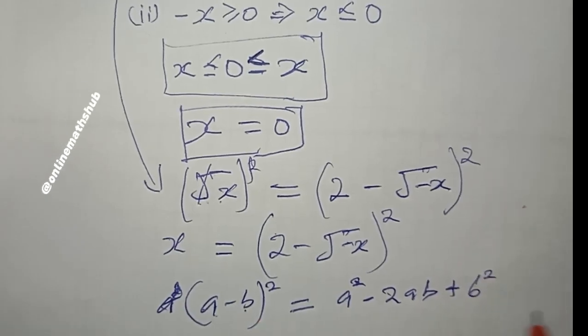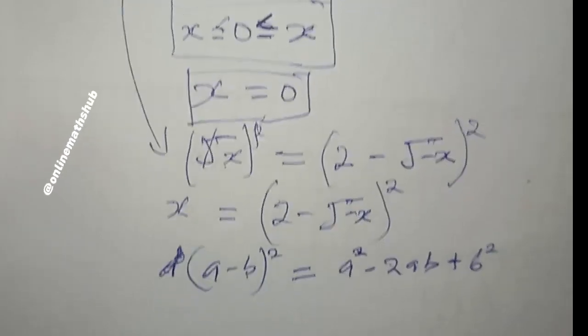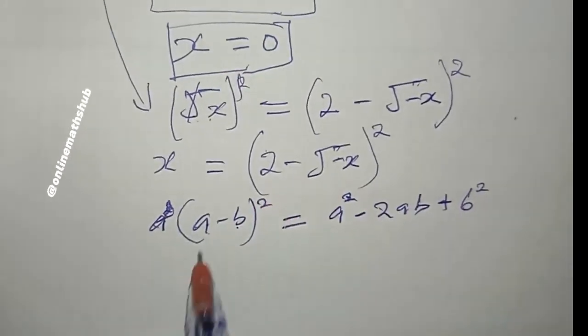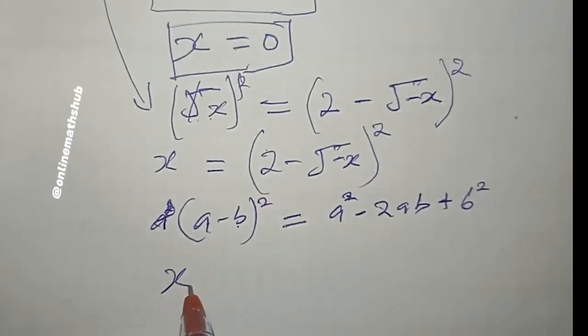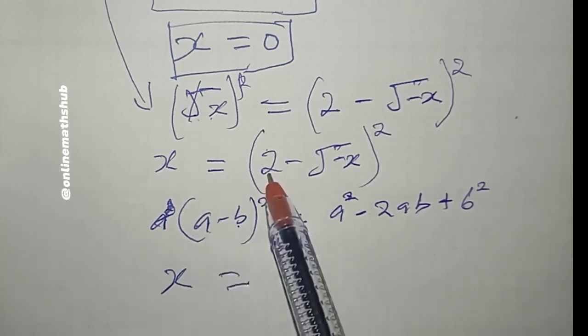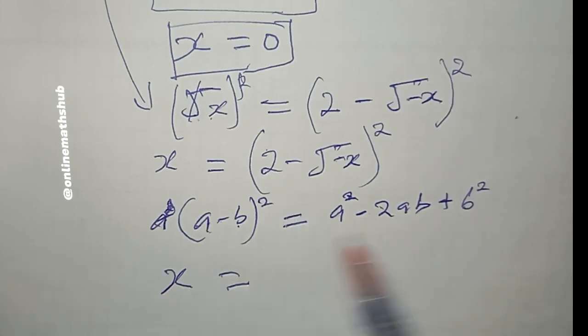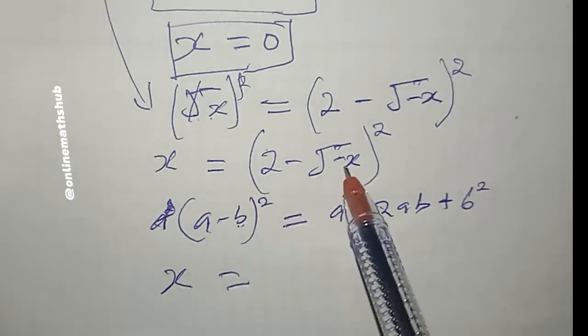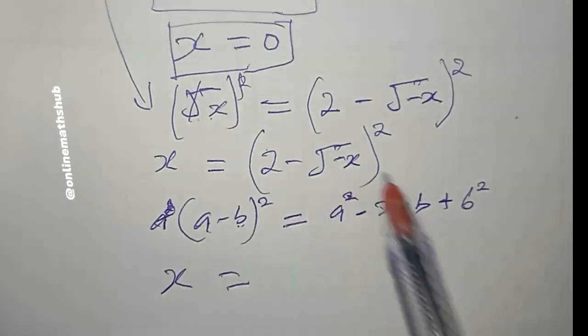Don't forget this expansion, because that's basically what I'm going to be using to expand this, so that my x is now equal to, in this case a is 2, and b is equal to the square root of negative x.